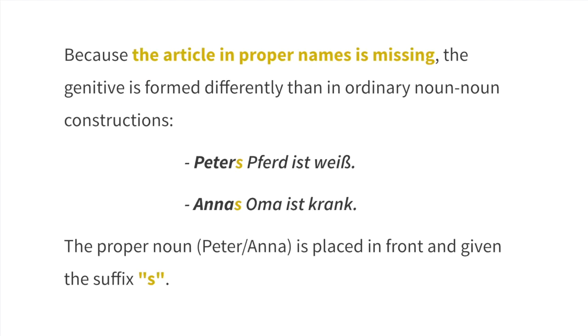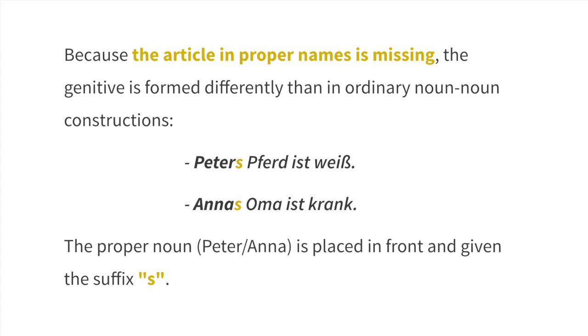Now, we have another aspect to take into consideration when it comes to proper names. Because we don't have articles in a proper name, the genitive is formed differently than in an ordinary noun-noun construction. We just add an s to the name.